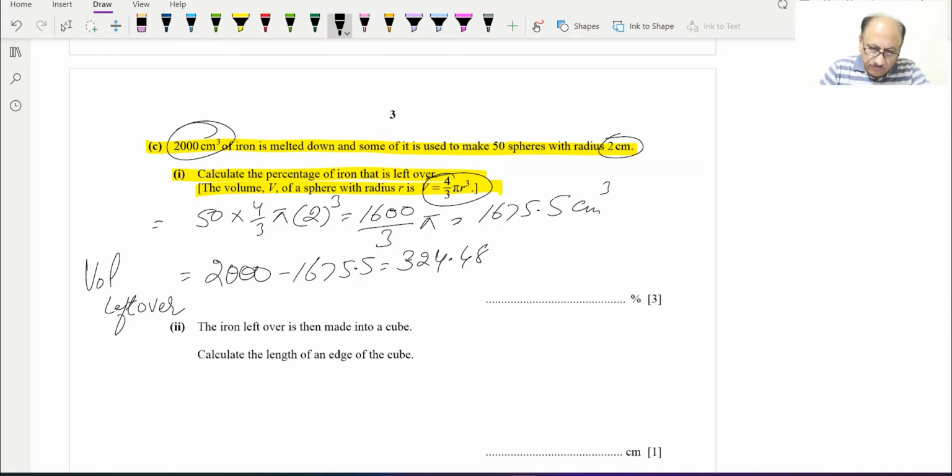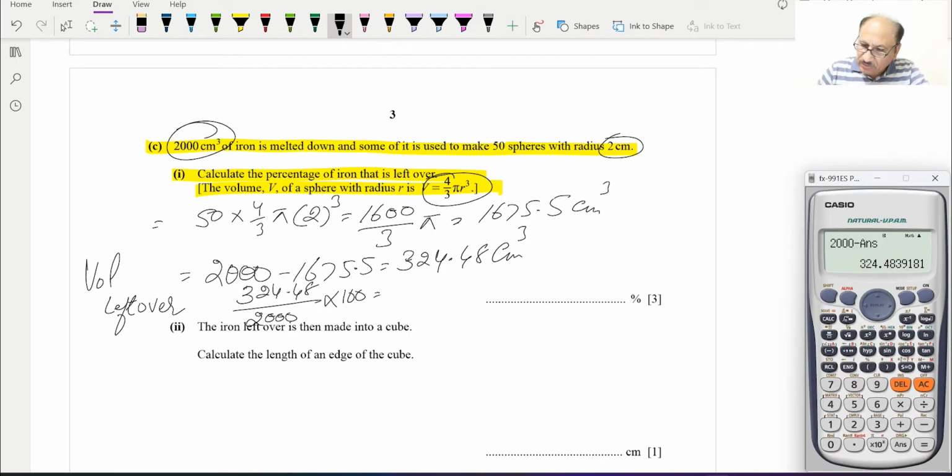This will be centimeter cube. And now we can calculate the percentage. For percentage volume: 324.48 divided by the total volume, which is 2000, multiplied by 100.